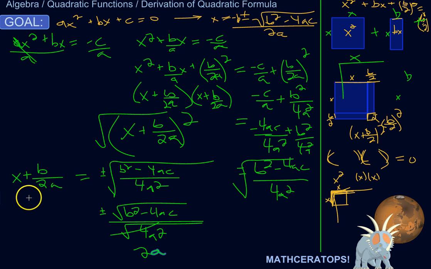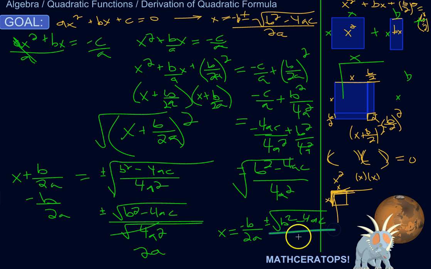And then we could subtract b over 2a to solve for x. So x equals, instead of all this stuff minus b over 2a, we could put negative b over 2a plus or minus the square root of b squared minus 4ac over 2a.